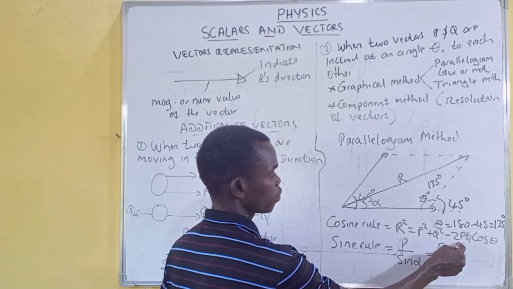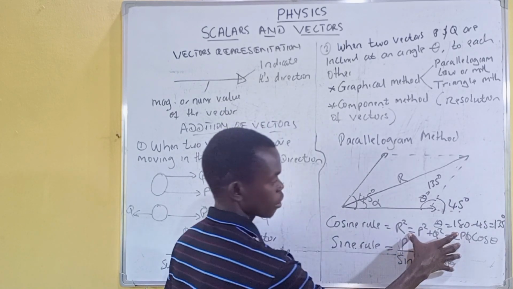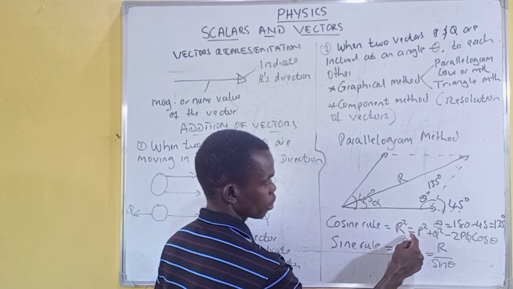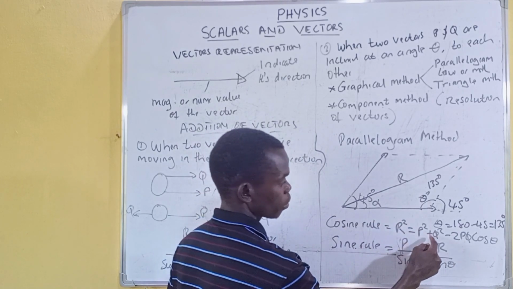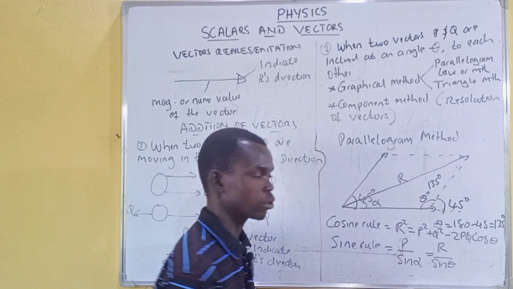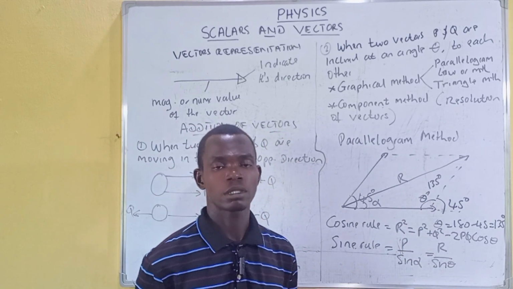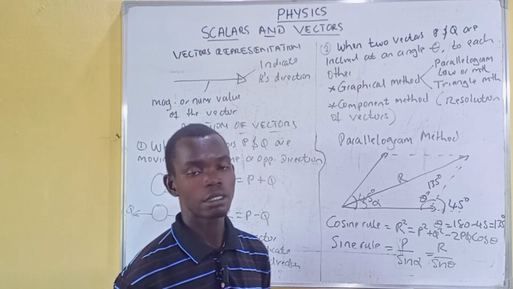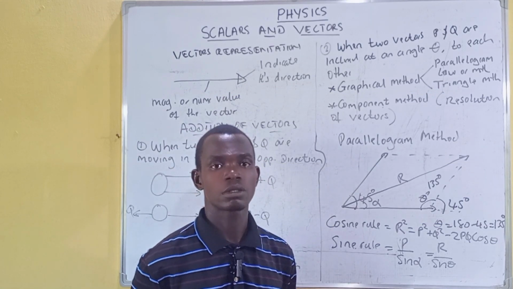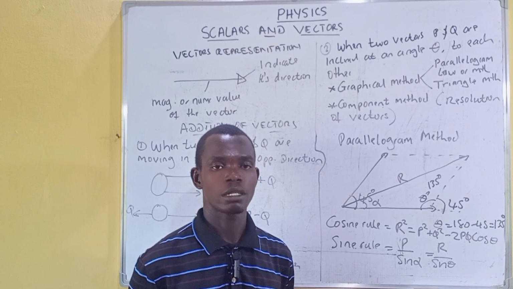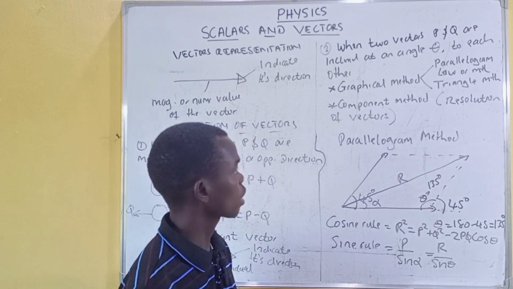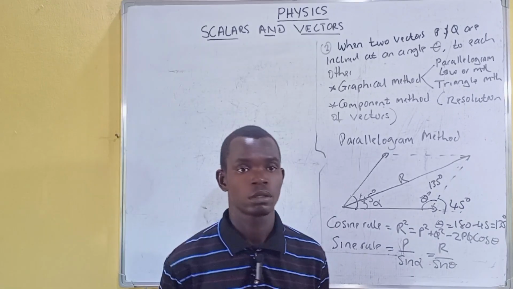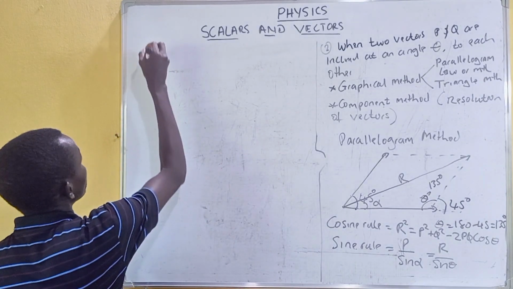And when you input the values into this cosine rule, what will remain is R squared equal to P squared plus Q squared, which is the Pythagoras theorem. So whenever you are solving for an angle of 90 degrees, we use the Pythagoras theorem to find the resultant vector. So let's talk about the triangle method.